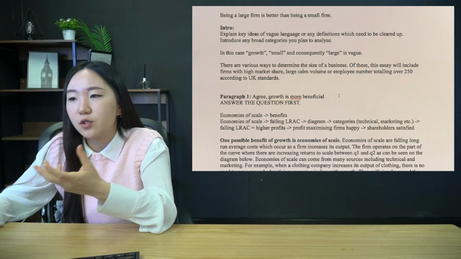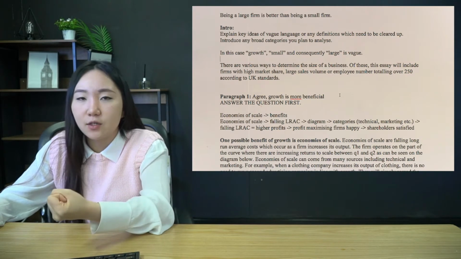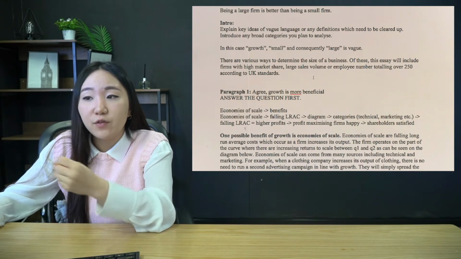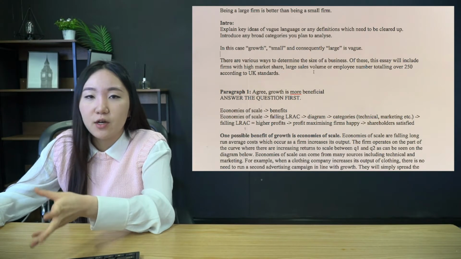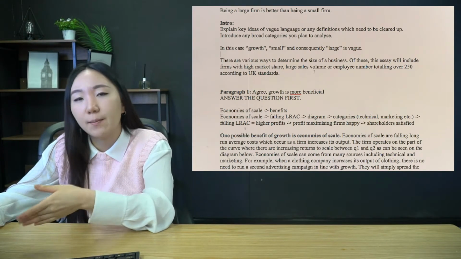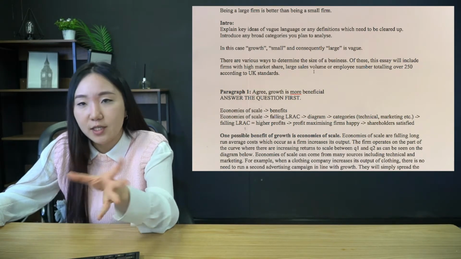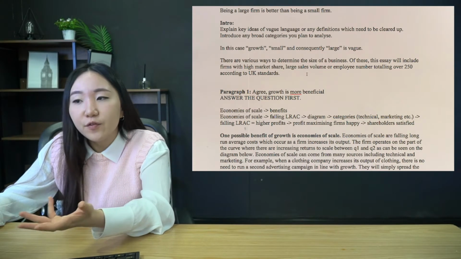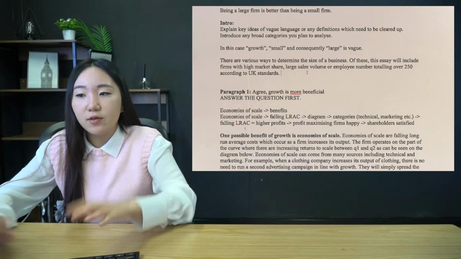And that just helps to give a nice base to your essay. Otherwise, if you don't do something like this in the introduction, you'll find yourself wasting too much time in the body having to explain little points like this. So feel free to put anything in here that you think is important.